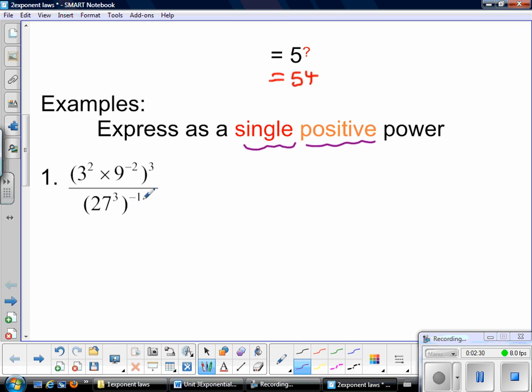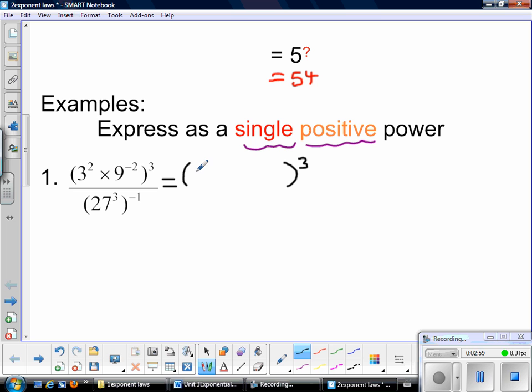So the easiest thing to do is to look to see, usually it's a smaller number that I can turn the larger ones into. So the first one I'm going to look at is 3 squared. 3 squared is my smallest base, so I'm going to keep it the way it is. I'm still going to have all of this top part to the power of 3, the numerator.